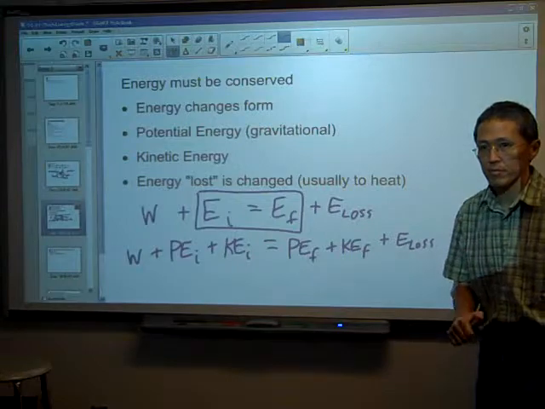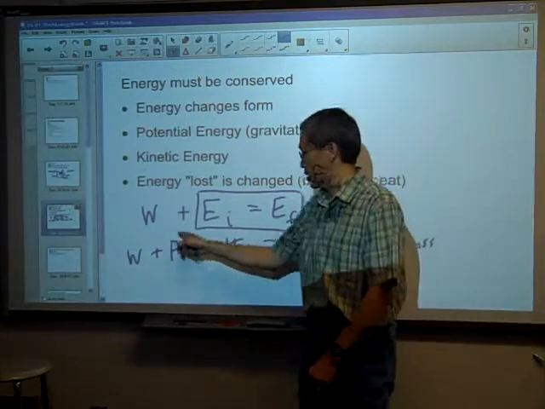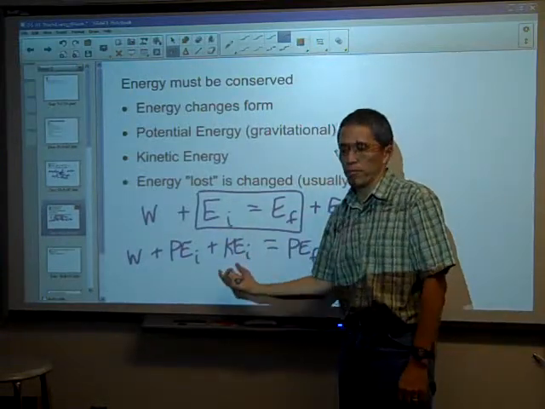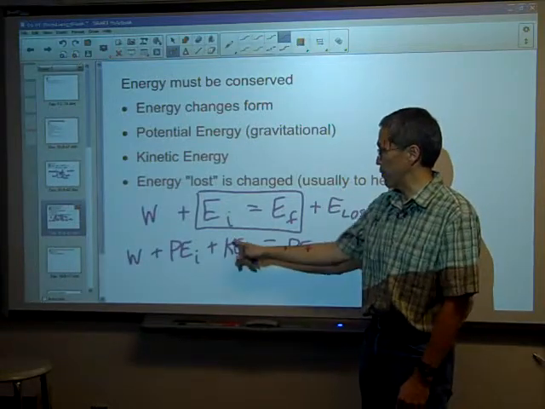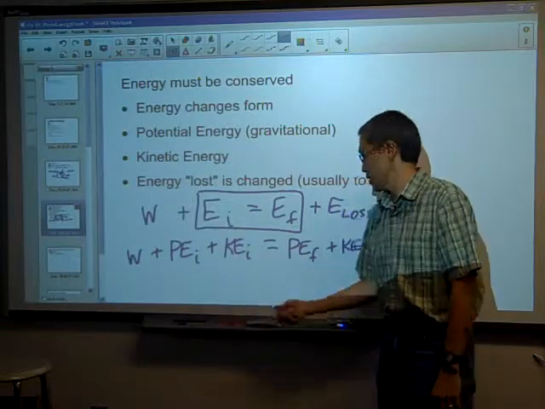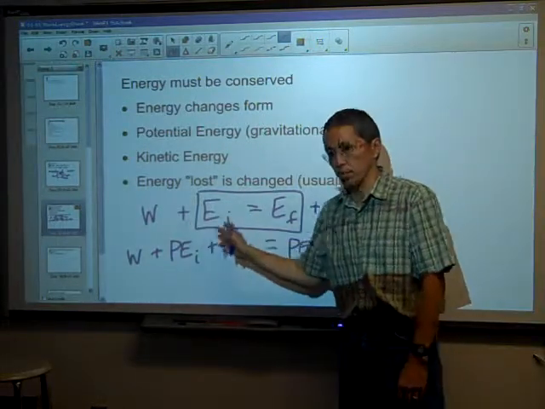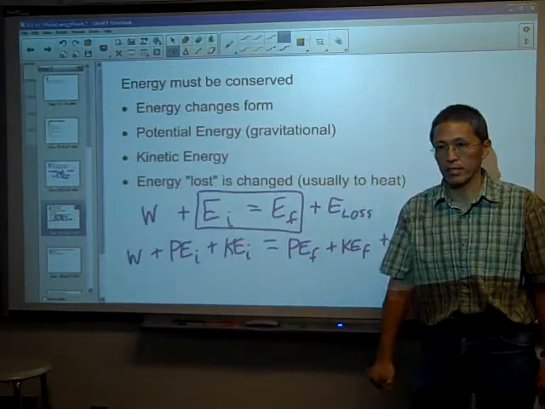Okay? We're going to get even more complicated than that later on when we put different kinds of potential energy in there. And kinetic energy is just energy of motion, but we'll have different kinds of motion as well. But if we look at all the types of energy we have, mostly they come down to potential energy and kinetic energy.